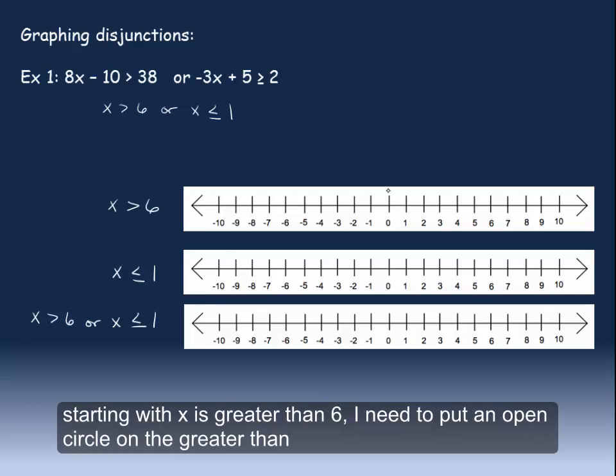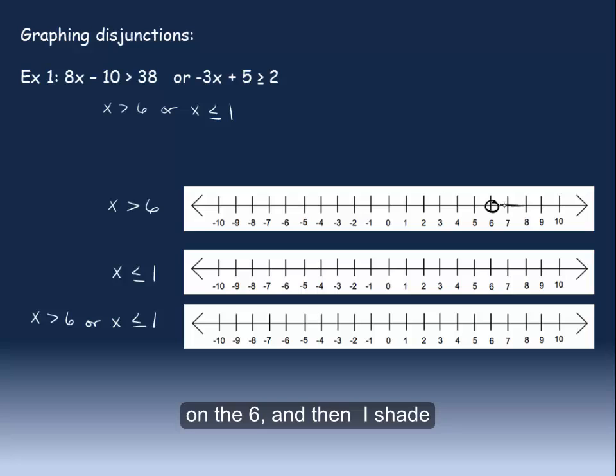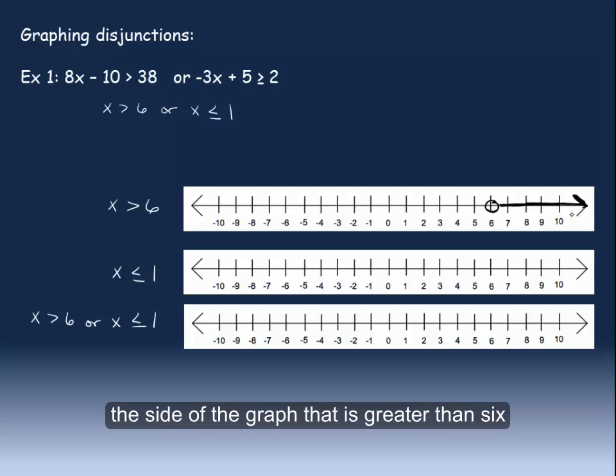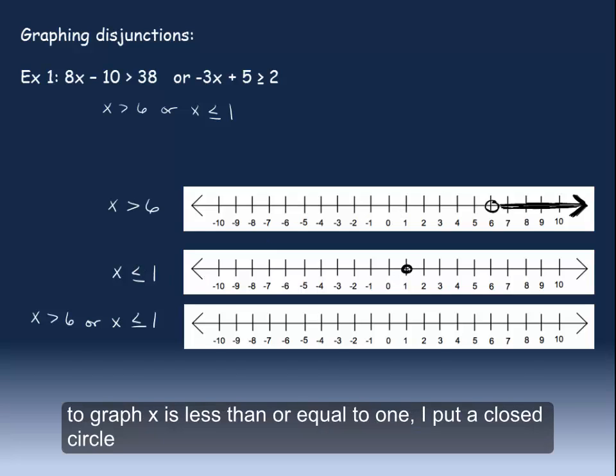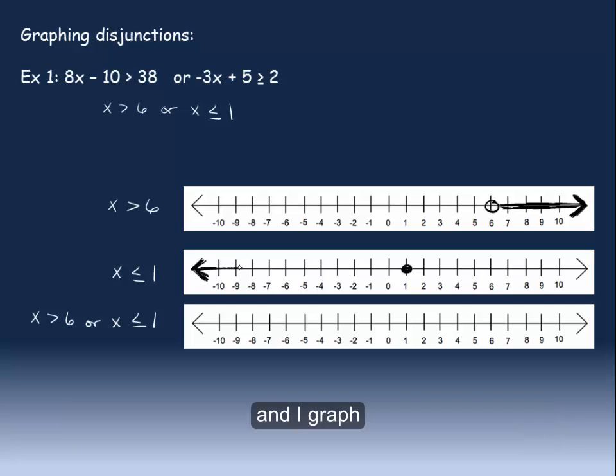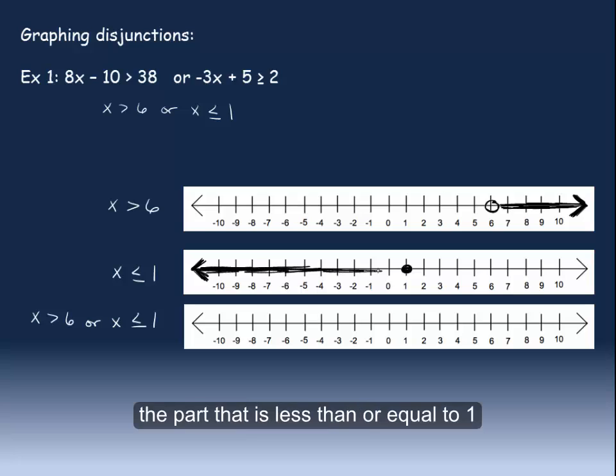Starting with x is greater than 6, I need to put an open circle on the 6, and then I shade the side of the graph that is greater than 6. Okay, to graph x is less than or equal to 1, I put a closed circle, and I graph the part that is less than or equal to 1.